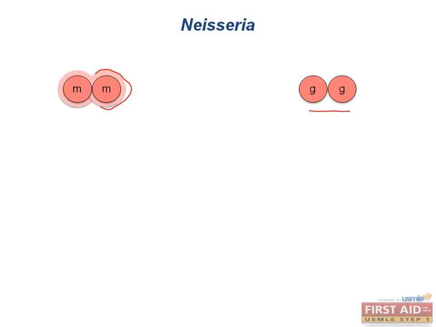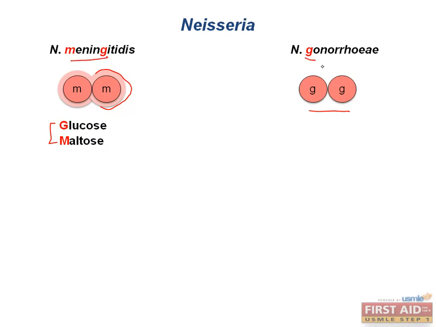This capsule inhibits phagocytosis and increases virulence. Secondly, while both are glucose fermenters, Neisseria meningitidis also ferments maltose. I've illustrated a little visual mnemonic for you here to help you remember this. Note the G and the M of glucose and maltose in meningitidis, and only the G for glucose in gonorrhoeae.